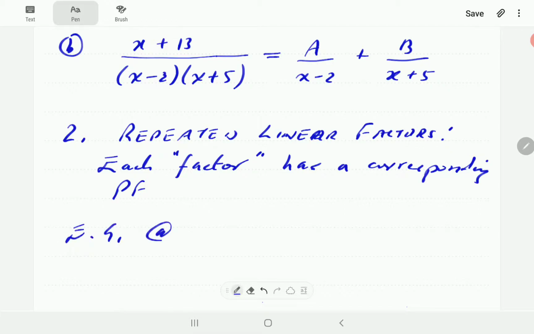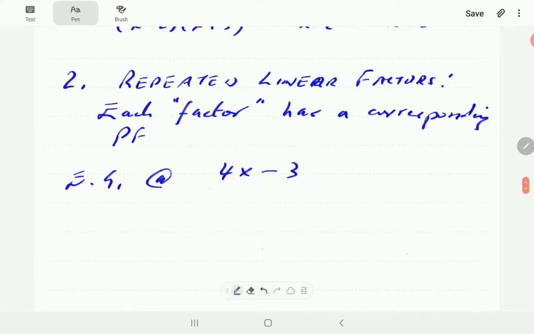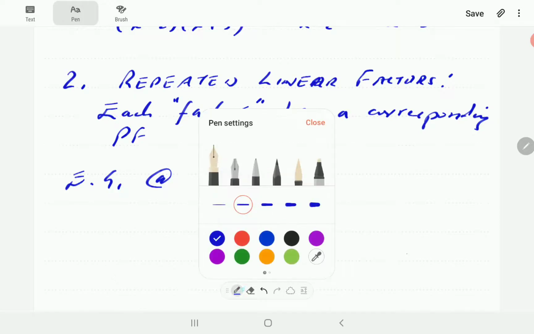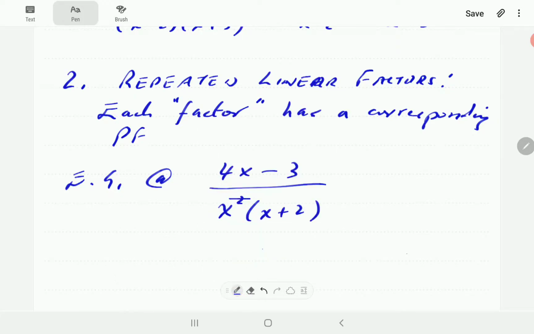Suppose in this example we have 4x minus 3 all divided by x squared into x plus 2. The repeated factor in this case is this one here, x squared.